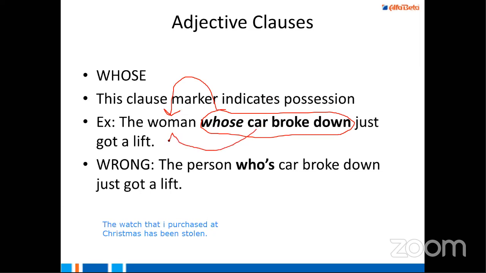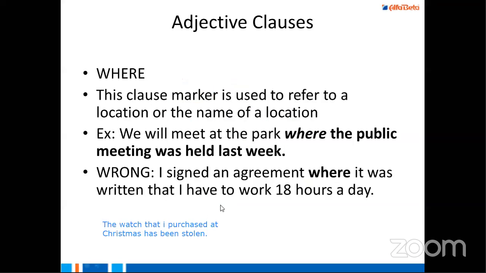Describes woman. The adjective clause takes whose when the subject of the adjective clause is owned by the subject of the independent clause. So car belonged to woman. Of course, you cannot get confused between these two, whose and who's.